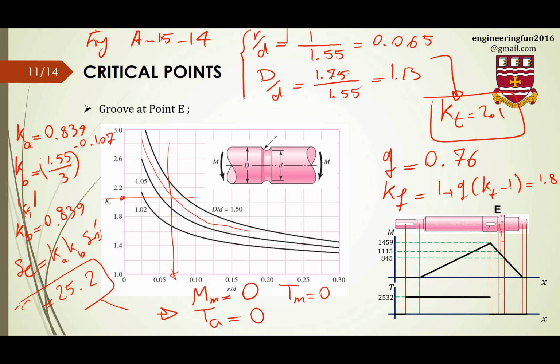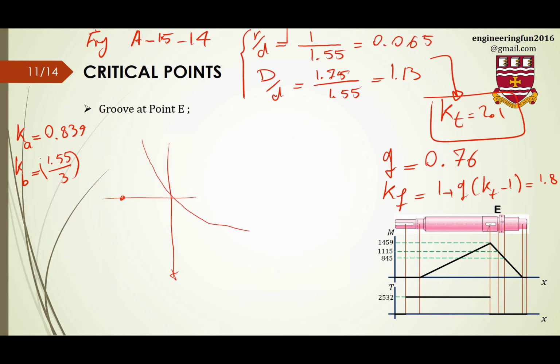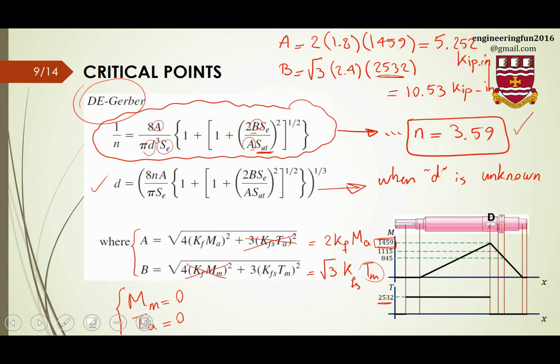So there are so many zeros in the equation. If Mm is 0, we don't have this term. If Tm is 0, we don't have this term. So B will be 0, and A will be just 2 times Kf Ma.